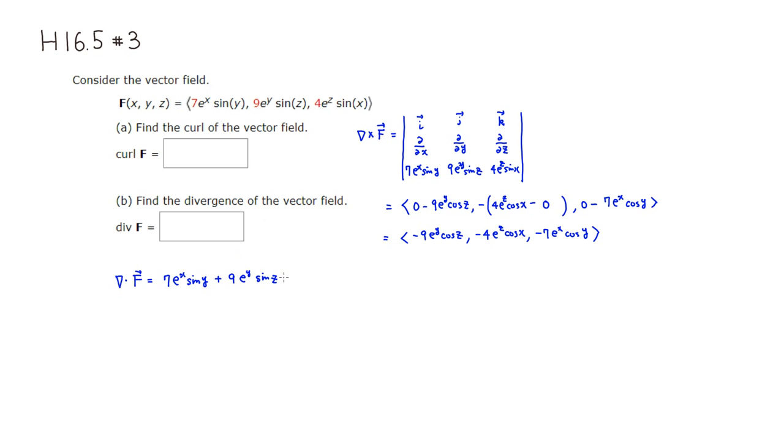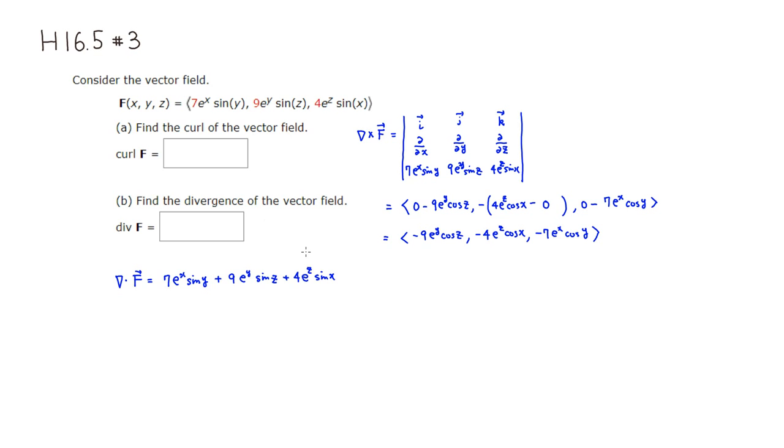Plus, 4 is a number and sine of x is also a constant, and the partial derivative of e to the z with respect to z would be e to the z. So we got that. You could pull something out, but these are e to the x, e to the y, and e to the z, as they are all different, so maybe I'll leave it as it is.